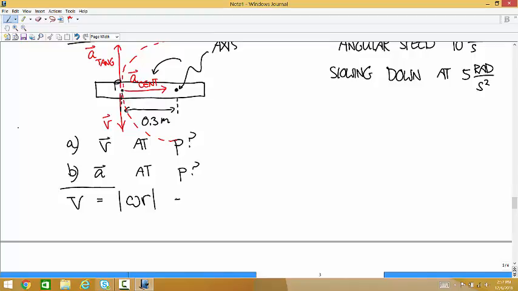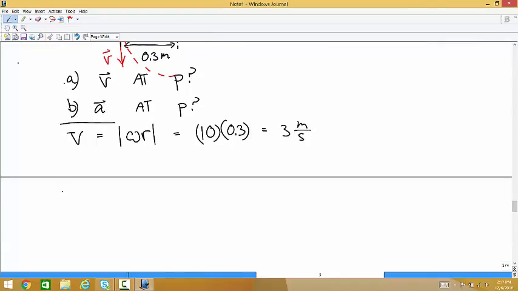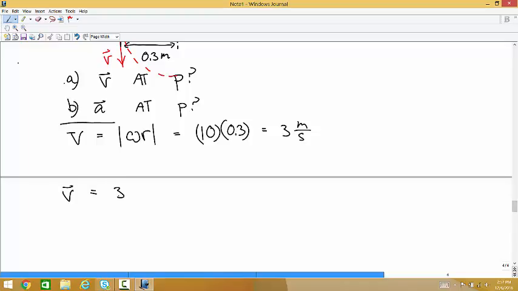So that's equal to 10 times 0.3, or 3 meters per second. And so the velocity vector is 3 meters per second down. Or if we have the standard coordinate system, that's in the negative y direction. So that's 0, negative 3.